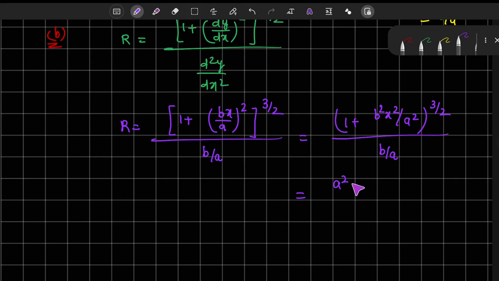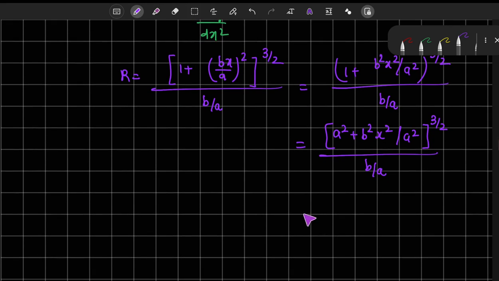So we will get a square plus b square x square whole divided by a square to the power 3 by 2 divided by b by a. So from here we can write a square plus b square x square to the power 3 by 2 whole divided by b by a into a cube.